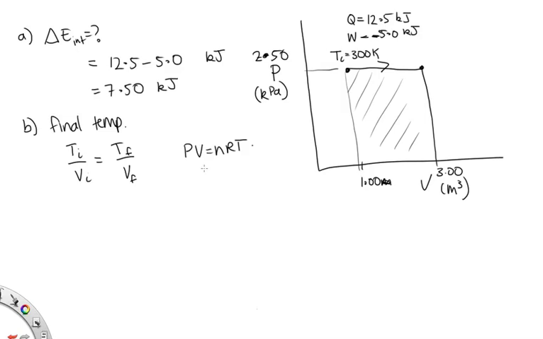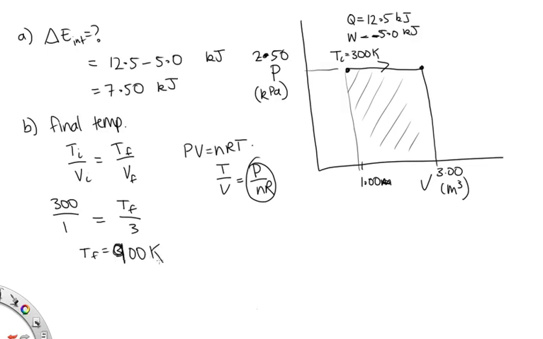Rearranging this, we've got T over V is equal to P over nR, and this remains constant in this case, so T on V remains constant. Okay, so substituting in, we've got 300 over 1 is equal to TF over the final volume, which is 3. So that tells us TF is equal to 3 times 300, which gives us 900 kelvins.